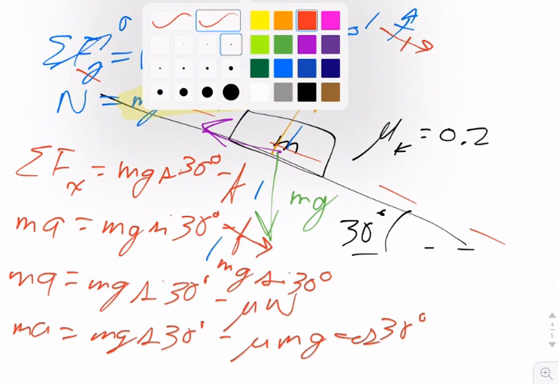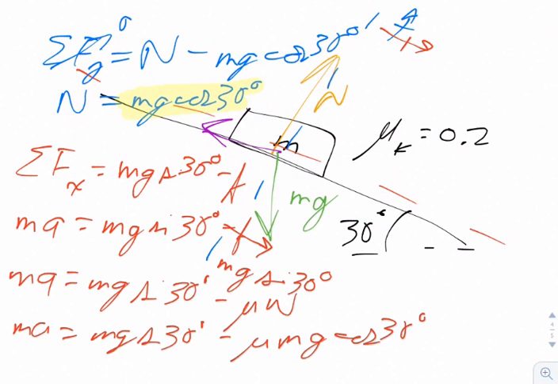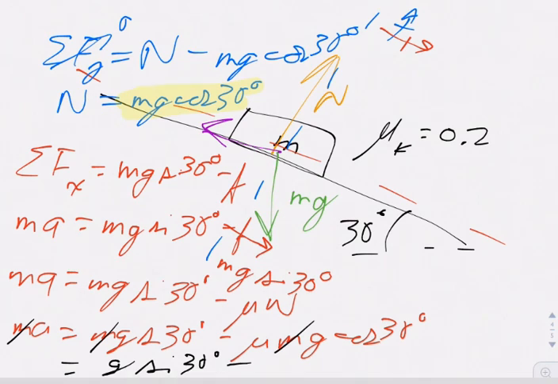Well, now all the terms have an m in them, and so I can divide through by the mass, take mass out of all of them, and so a equals g times sine of 30 degrees minus mu times g cosine of 30 degrees. And so now all that's left is to plug that in my calculator. g sine 30, of course, would be 5.